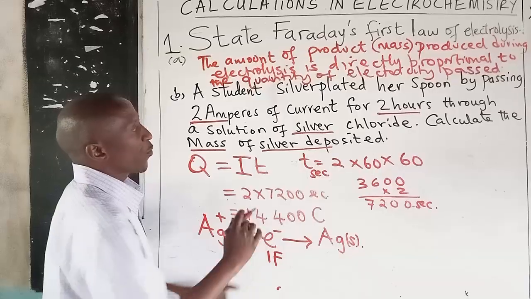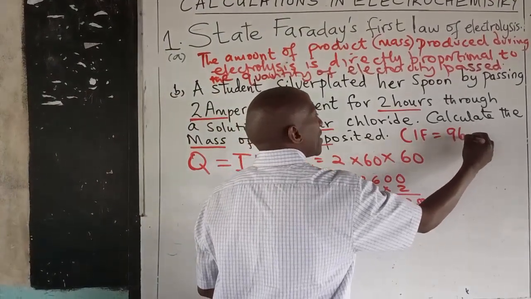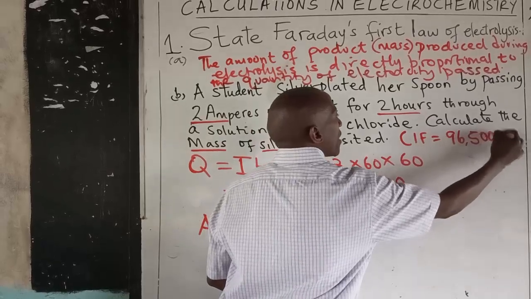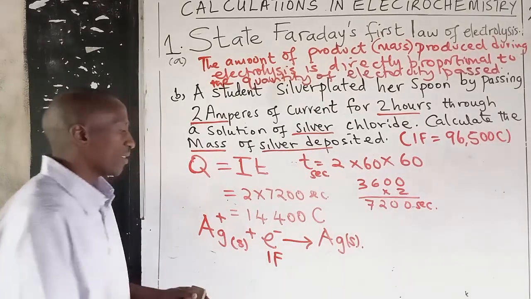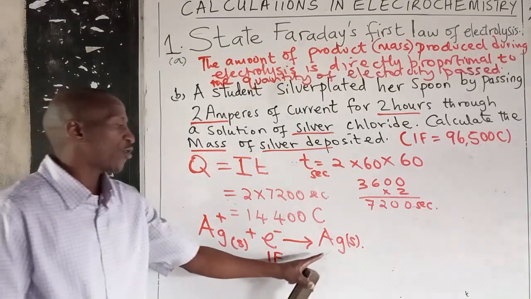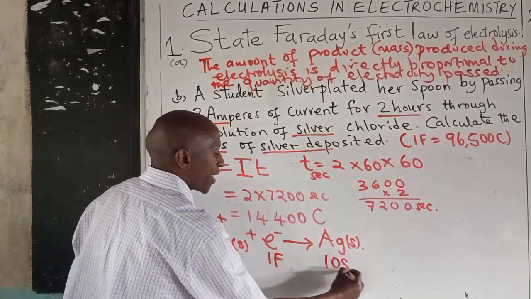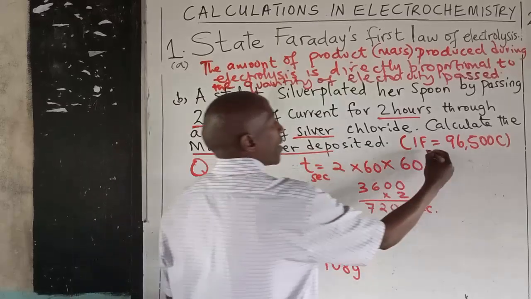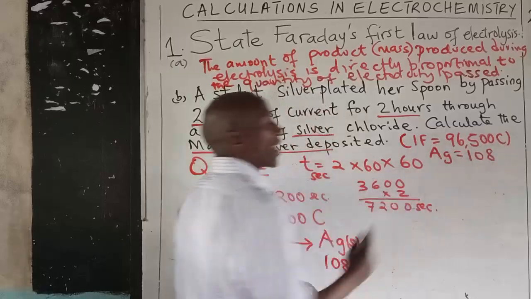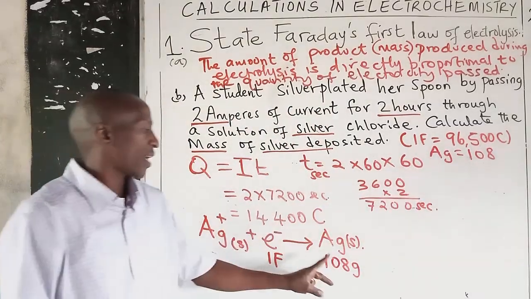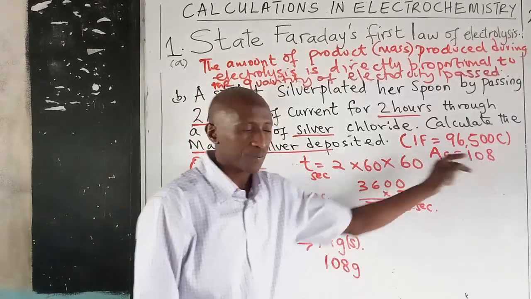And 1 Faraday, which has been given, is equal to 96,500 coulombs. What does that mean? It means that 1 Faraday was able to deposit theoretically an amount of 108 grams, whereby the RAM of silver is 108. It means that 1 mole of silver weighs 108 grams.